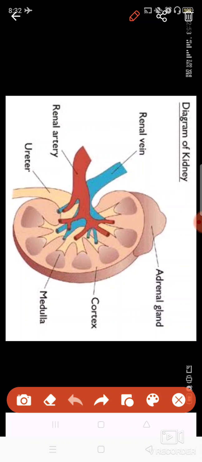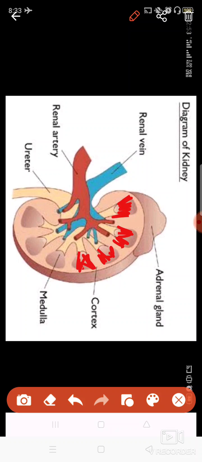These are basically formed by the collection of the collecting tubules. These are the nephrons, which are the structural unit of excretion. They are placed in this region, and this is how the medulla is formed.